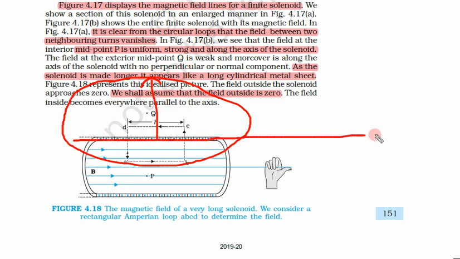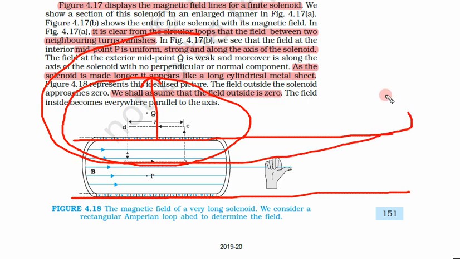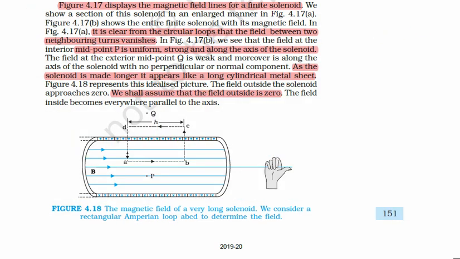Suppose we take the solenoid to be very large. This loop will become even larger and B is reducing. So let us assume that the magnetic field outside this solenoid is 0. We shall assume that the field outside is 0 because it is so weak that we will not consider it.